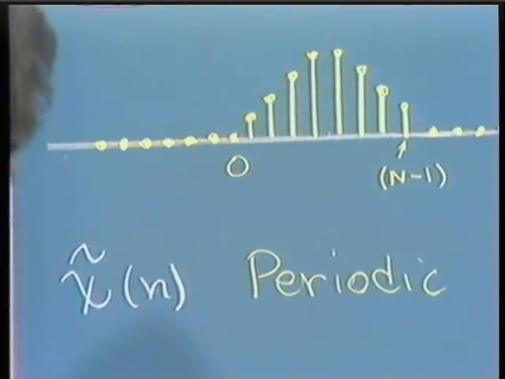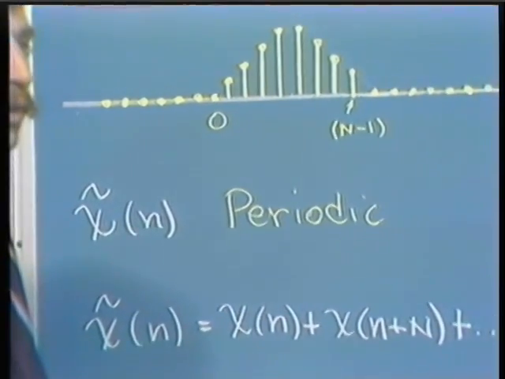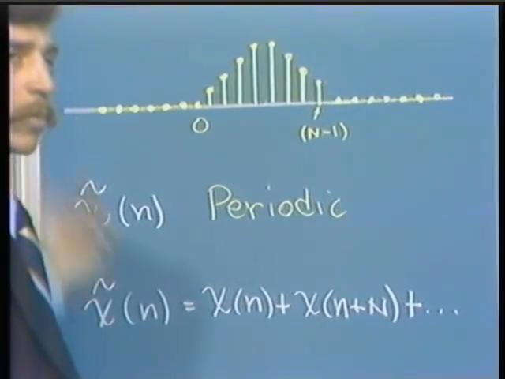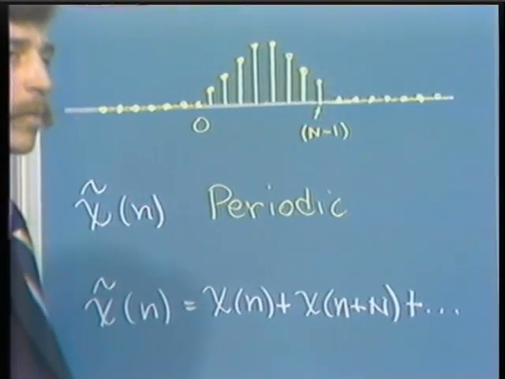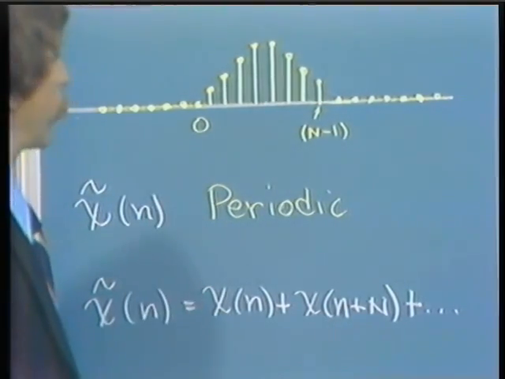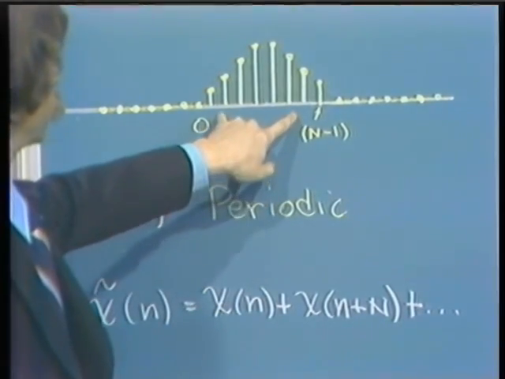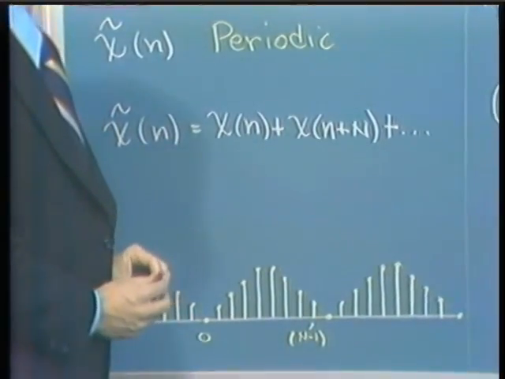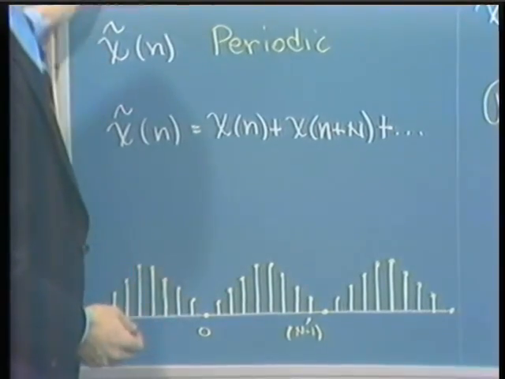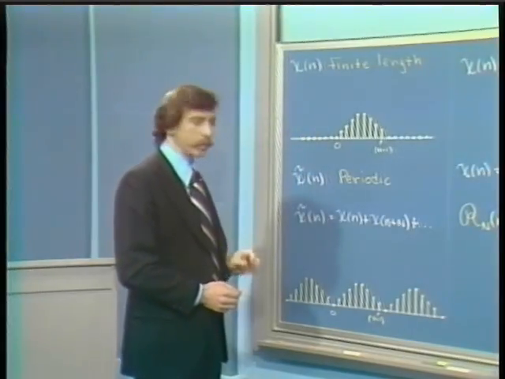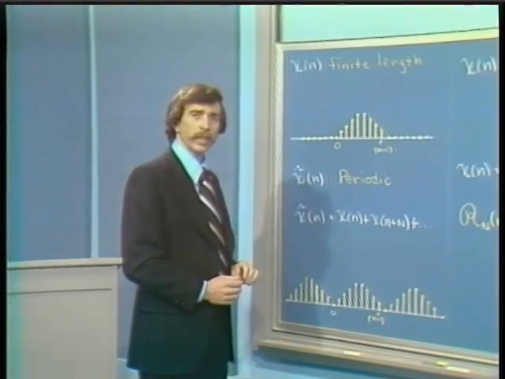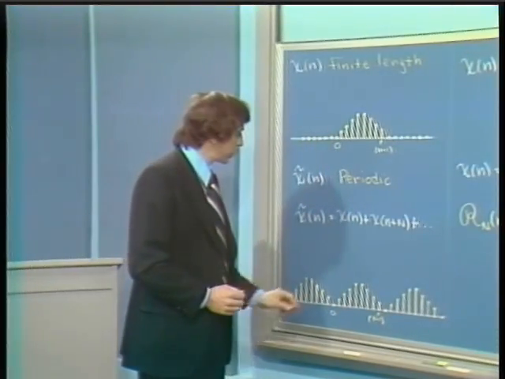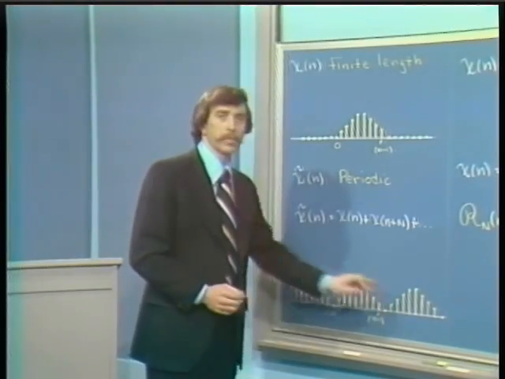In other words, I can construct a periodic sequence, x tilde of n, equal to x of n plus x of n shifted to the left by capital N, and x of n shifted to the right by capital N, and 2 capital N, and 3 capital N, etc. In other words, just simply taking this sequence and repeating it over and over again with a period of capital N. So obviously, I can generate from a finite length sequence a periodic sequence, and in fact, I could get the finite length sequence back from the periodic sequence by simply extracting one period of this periodic sequence.